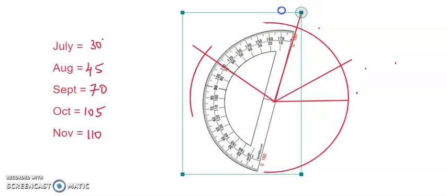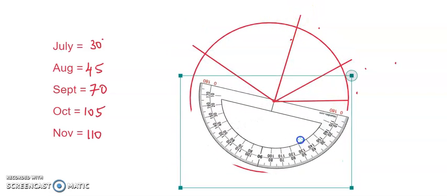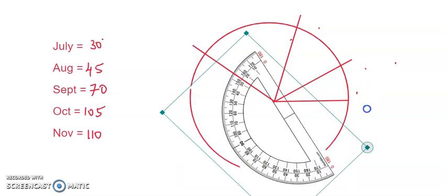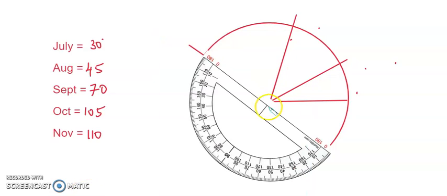Let me rotate it. Place it a little bit more on top of it. I'm trying my best to place it. So this is my line for 70. From here I need to mark 105, which will be somewhere between 100 and 105. Okay, and if you rotate and place it, it should be 110.